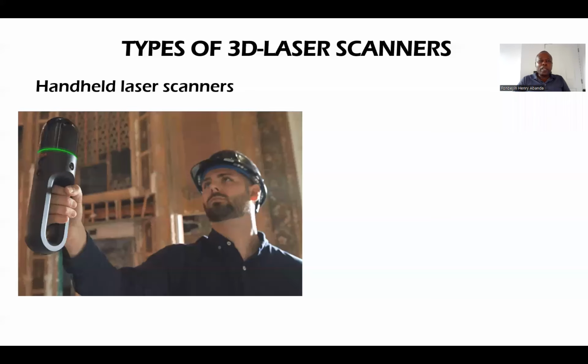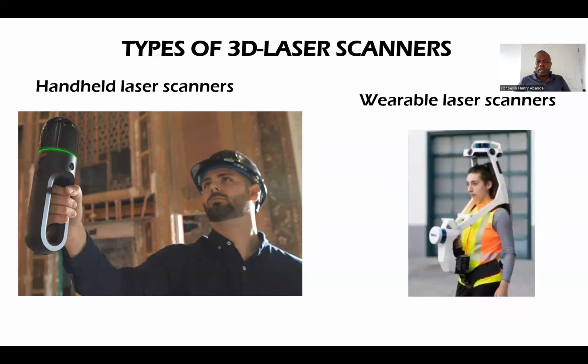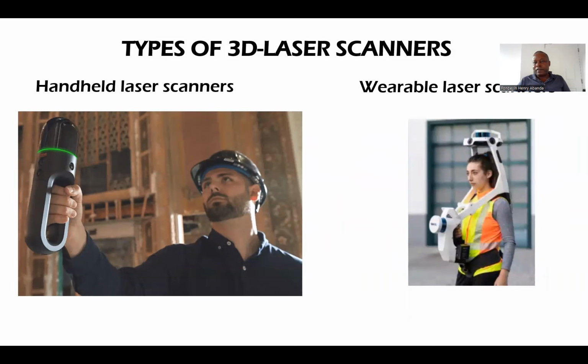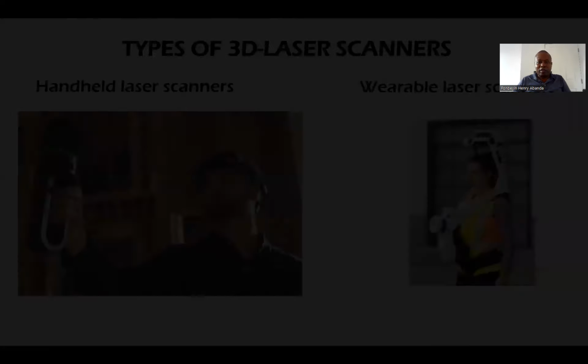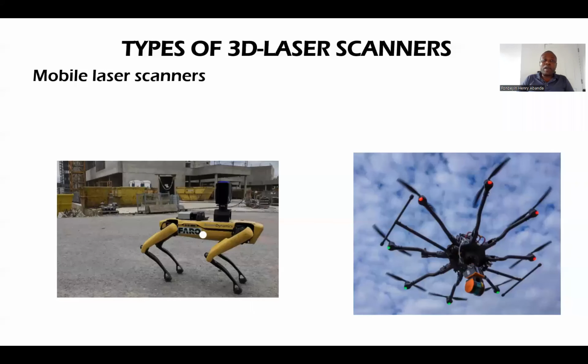Okay. Then we also have handheld laser scanners, like the one you've seen there. You hold it with your hand instead of using a tripod. Then we have wearable scanners that you wear on your body, then you move around, scanning whatever object or environment you find yourself in. Then you also have mobile laser scanners.